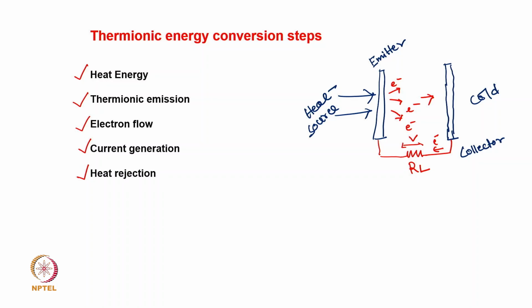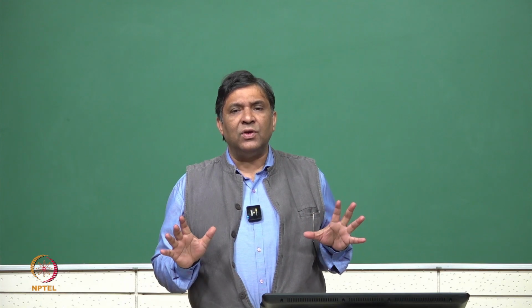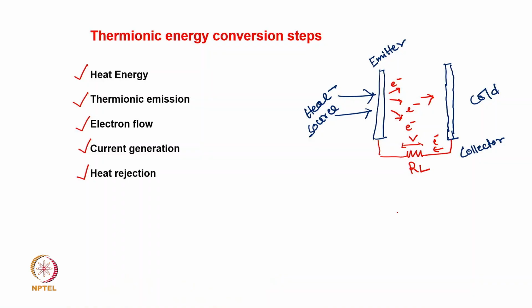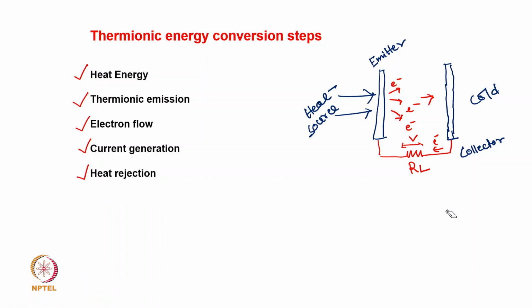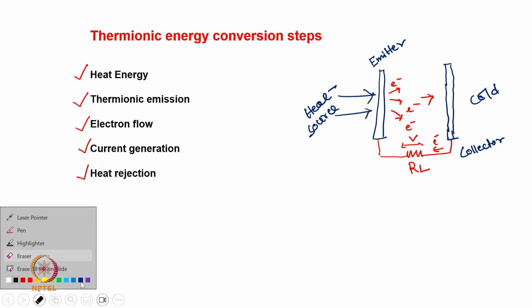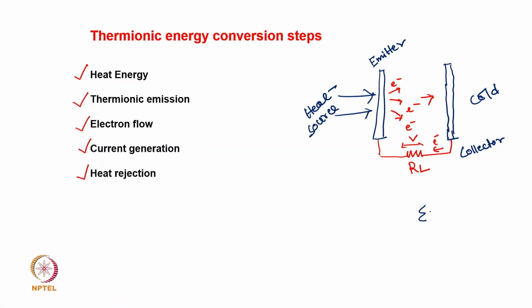So, these are the thermionic energy conversion steps. Eventually, by this entire process, we have generated electrical energy from heat energy.